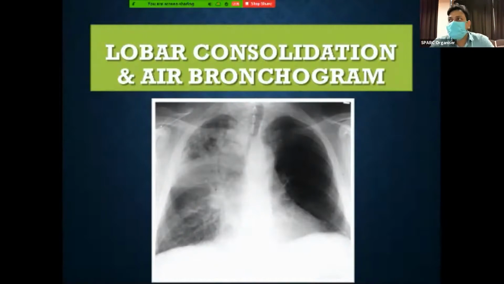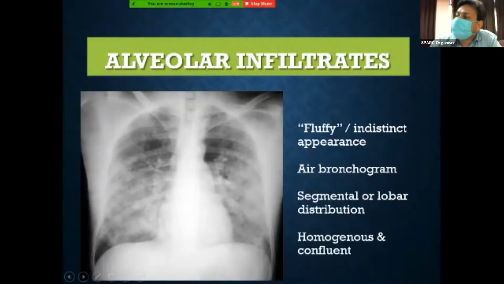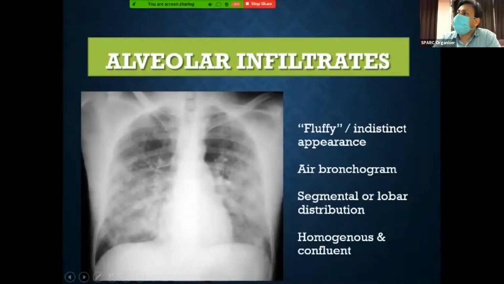And again, consolidation may be lobar, meaning it might occupy one lobe, or sometimes the consolidation may be patchy. It might involve both lungs in a patchy fashion rather than a lobar fashion. In this case, we see multiple small patches of increased opacity, and although we can call them nodules, the outer margins are not well defined.